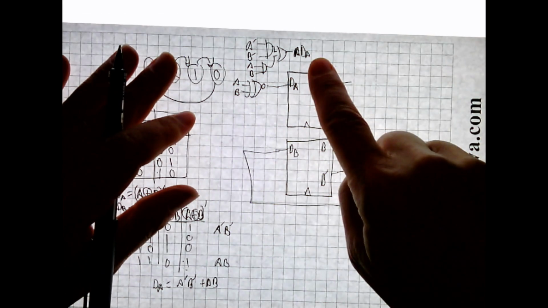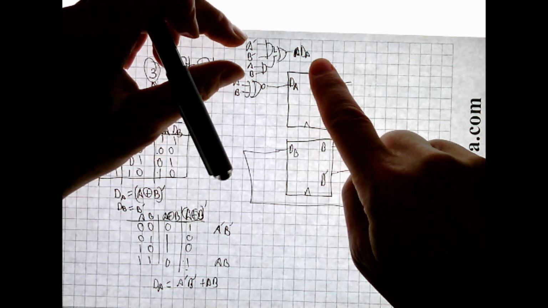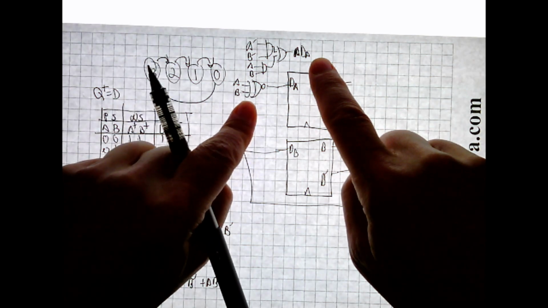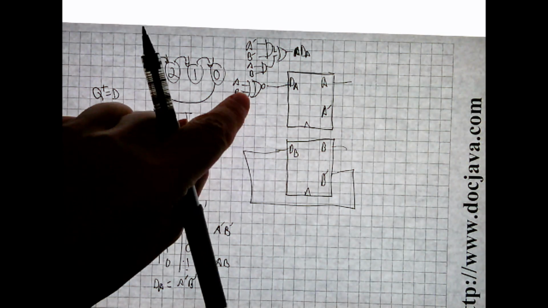This is a rather less elegant way to write the same thing, but that's totally correct. But writing it out as exclusive NOR is better because it's easier.